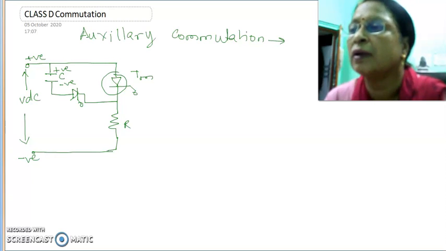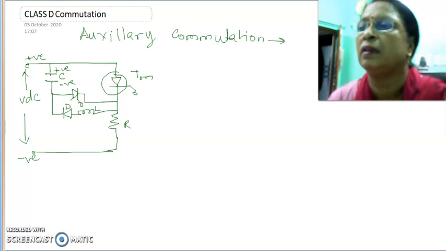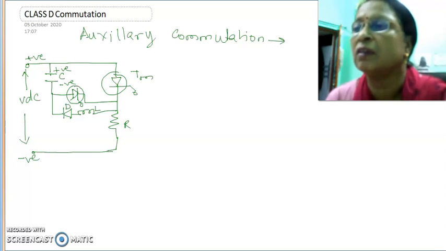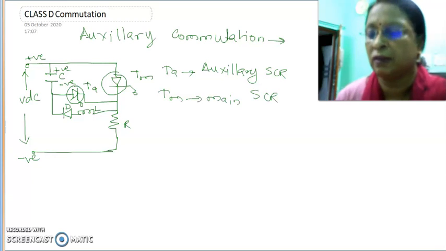Okay, and again to this we are connecting a diode D, and to this diode D we are connecting an inductor L. Okay, so this is your TC or TA, where TA is the auxiliary SCR and TM is the main SCR.